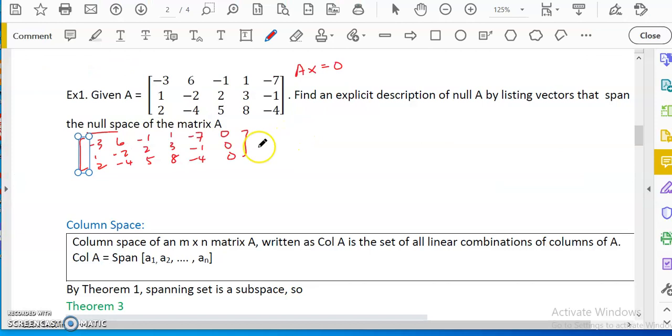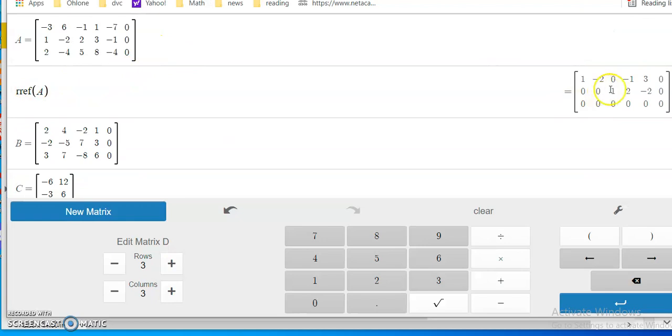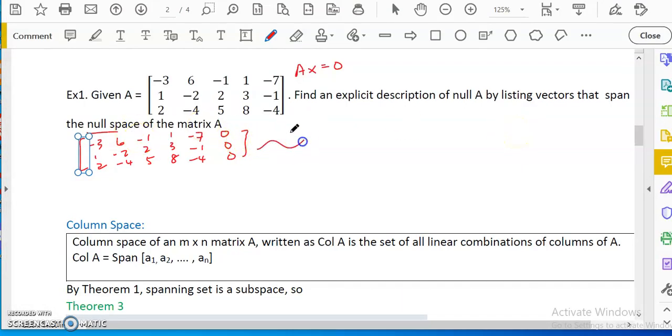I do a reduced row echelon form and it becomes this: 1, -2, 0, -1, 3, 0. I use the calculator to do the reduced echelon form: 1, -2, 0, -1, 3, 0, then 0, 0, 1, 2, -2, 0, and the last row is all 0.